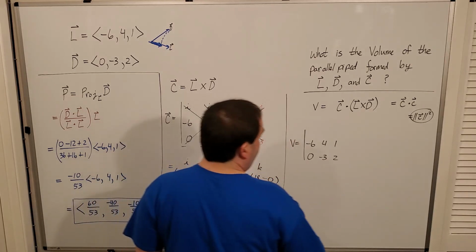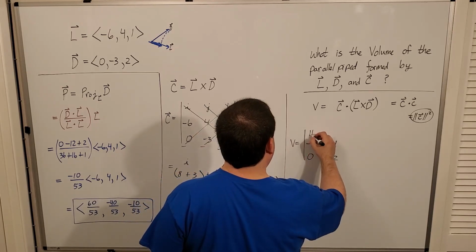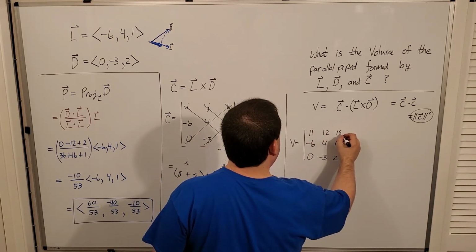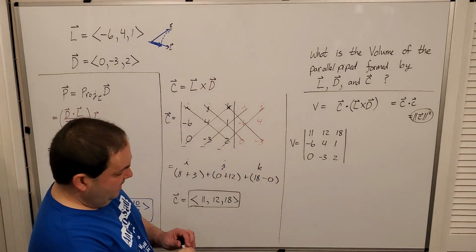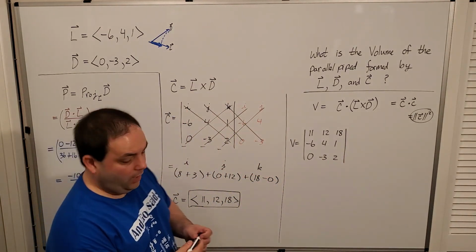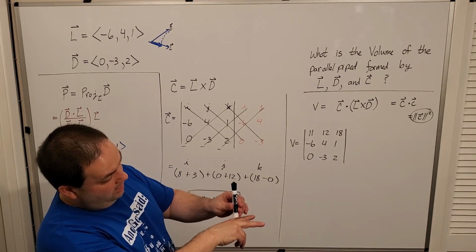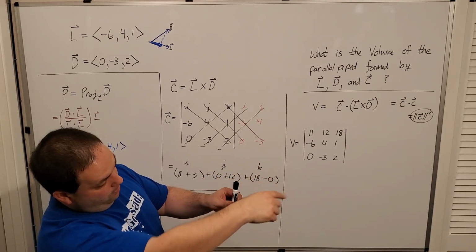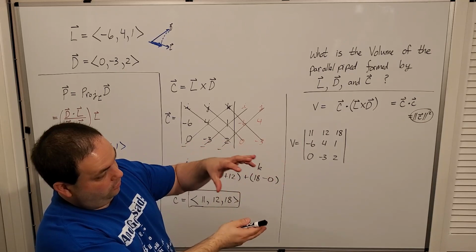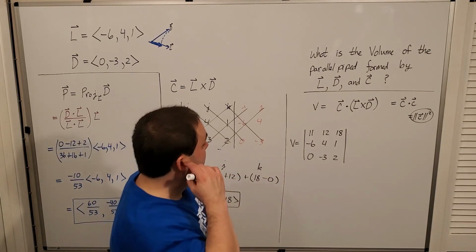But instead of i, j, and k, I put the components of the other vector, so 11, 12, 18, like so. Basically, the parallelepiped is the other two vectors with the third vector on top of it; you translate it for the top and the bottom, and you make sort of a three-dimensional diamond-ish shape. And we're doing the volume of that.